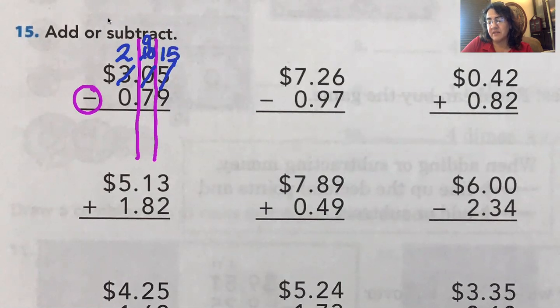And we have 15 minus 9 is 6. 9 minus 7 is 2. Don't forget the, what, Quincy? Decimal point. And we have 2 minus 0 is 2. Bring down the dollar sign.